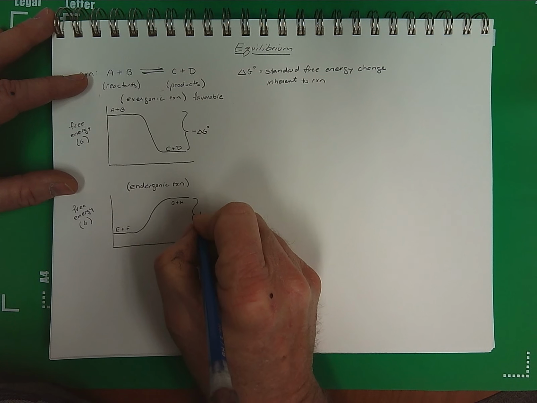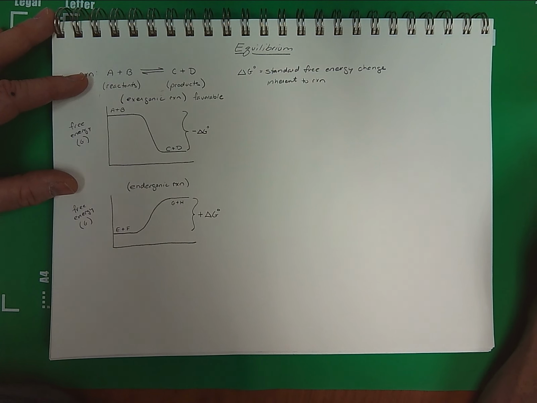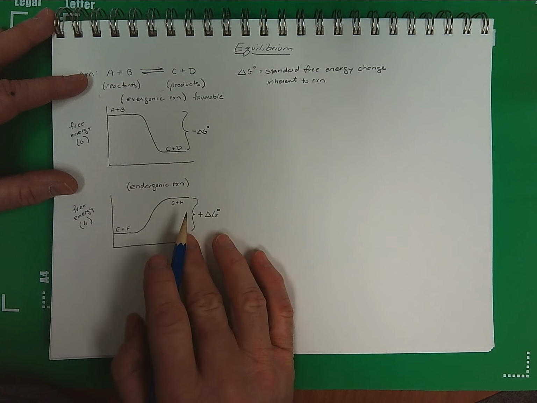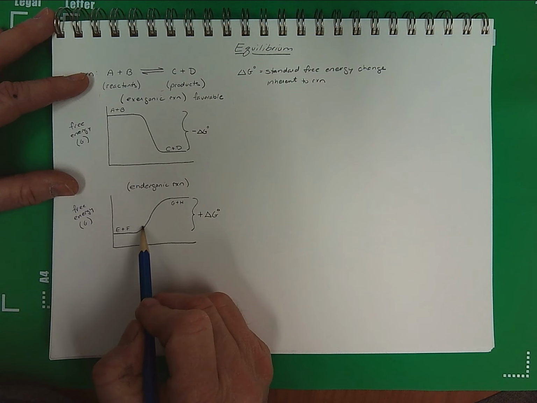Hence, our delta G is going to be positive. What this tells you is that the favorable reaction is going to be in the other direction.